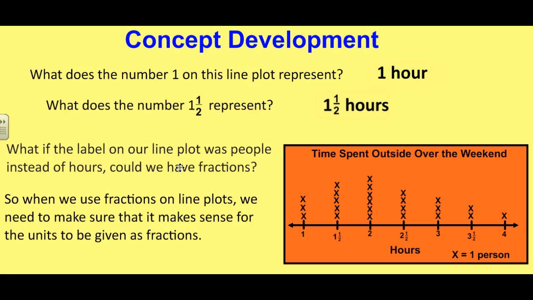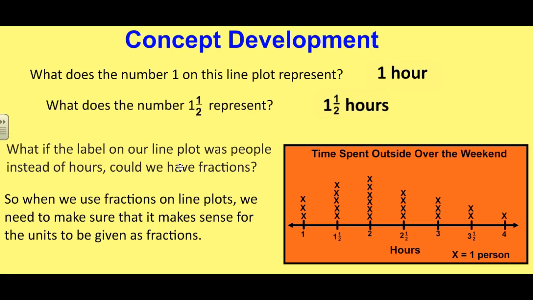The next question says, what if the label on our line plot was people instead of hours? Could we have fractions? If you're thinking about that, if I have a number 1.5, and it's supposed to stand for people, you can't have a 1.5 people.